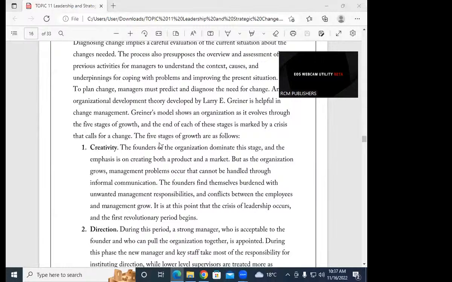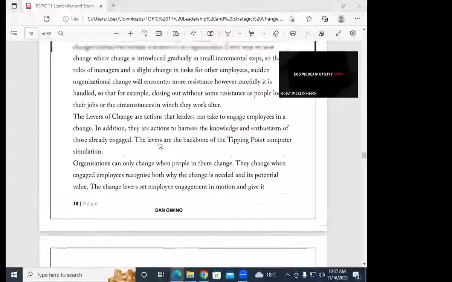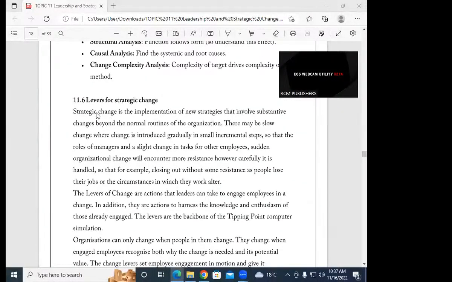So let's continue and finish this on the levers of strategic change. Strategic change is the implementation of new strategies that involve substantive changes beyond the normal routines of the organization.